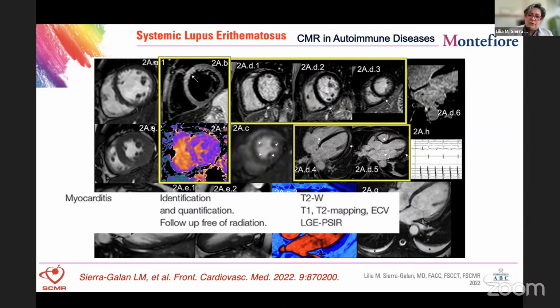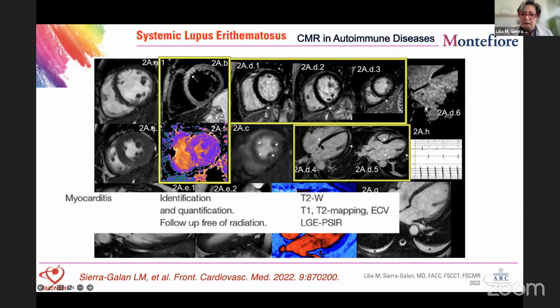The values are going to be increased, or even the native T1 is going to be higher. Then we are going to have the typical findings of myocarditis, but those are more subtle than the regular myocarditis. So we need to look for those.